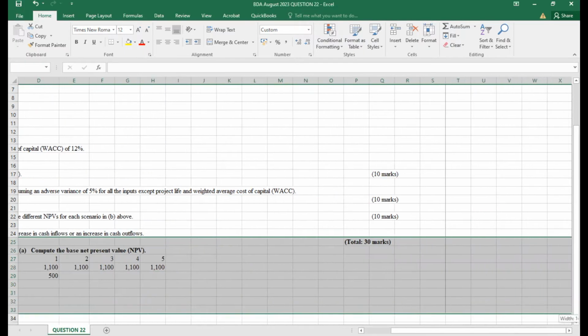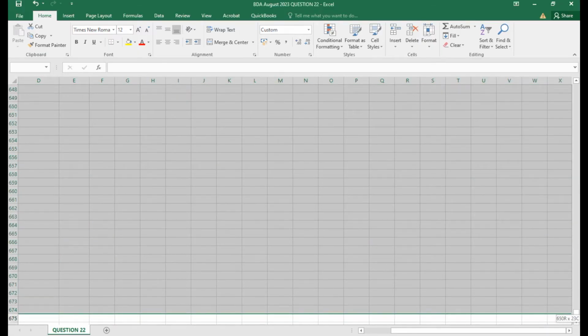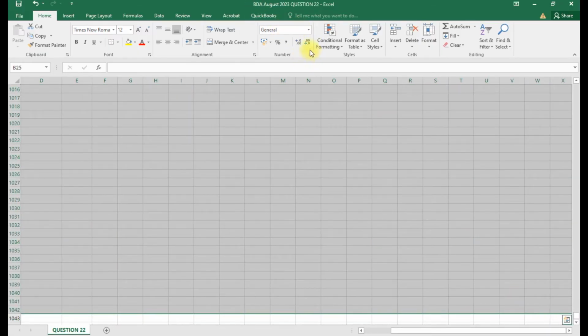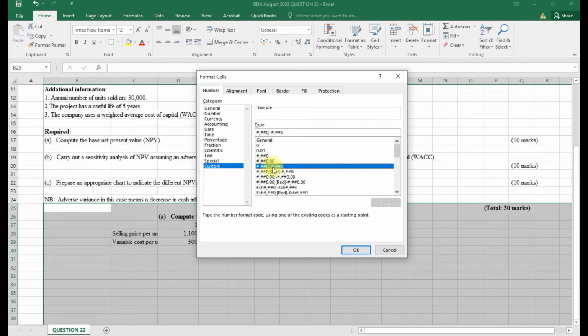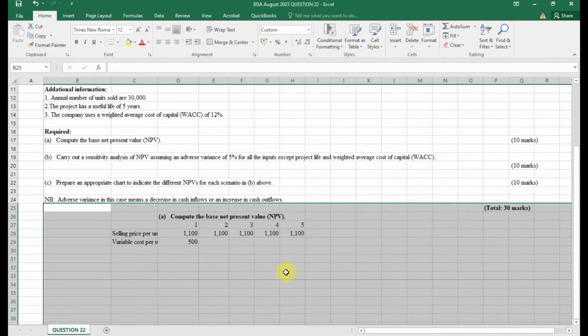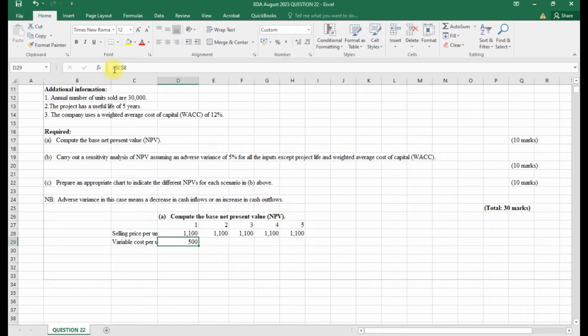Let me just format this worksheet as far as I can. I normally like using brackets, but it's not a must; you can just use the minus sign. Here we put a minus sign because variable cost is a cost we are subtracting, and I'll drag this. When you subtract it, you get the contribution.